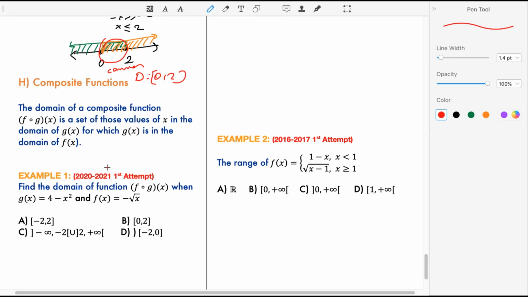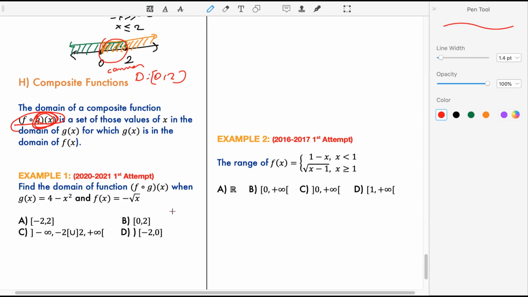In a nutshell, when it's asking about the domain of these composite functions, find the composite function first and find its domain, but it's not enough to find the domain of the composite function. We need to check the inside function too. So check the inside function and check the results. Take the common region, the intersection region. That will give you the domain.